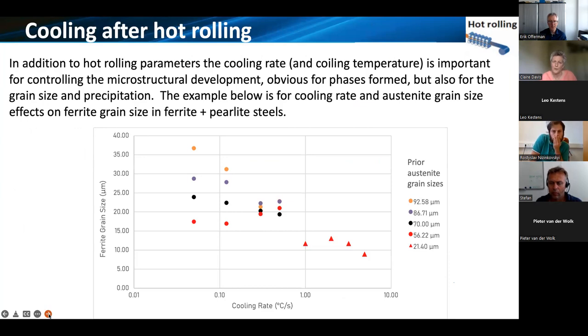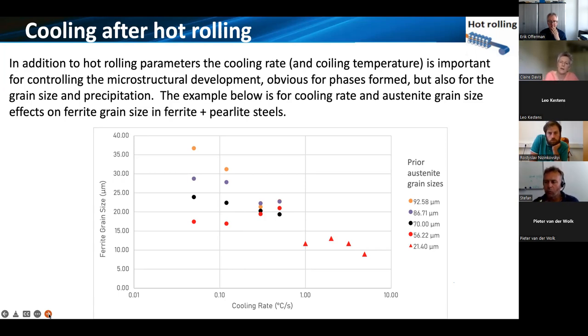Moving on, we finish our hot rolling process and cool the material down to room temperature, cool to a coiling temperature, and have microstructural transformations. So for my example of DP steels, if we're going to be cooling, we'll end up with a ferrite pearlite microstructure typically. There are some DP steels that actually have some bainite in them as a starting point.